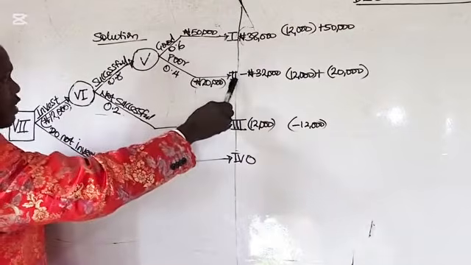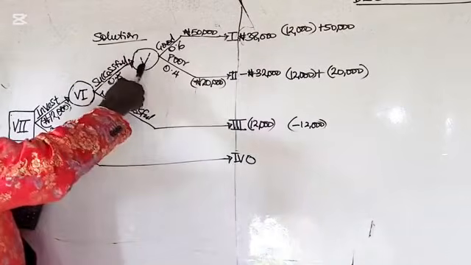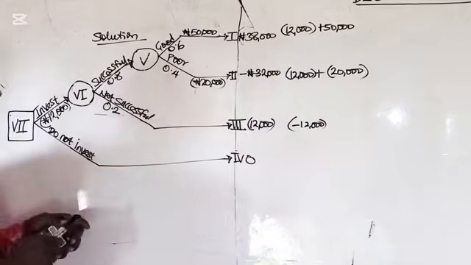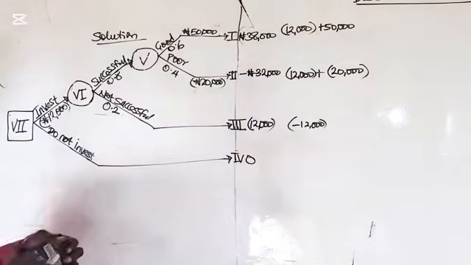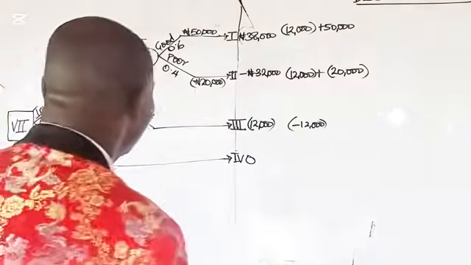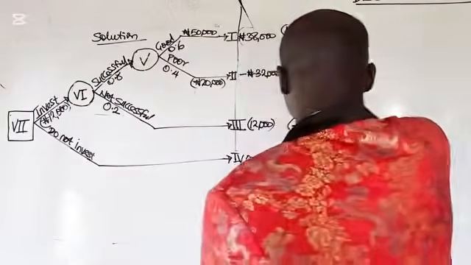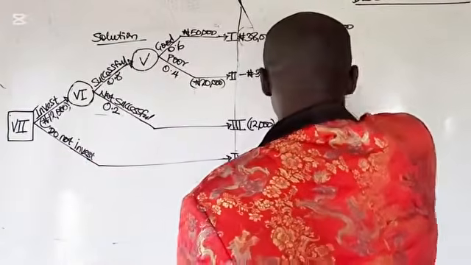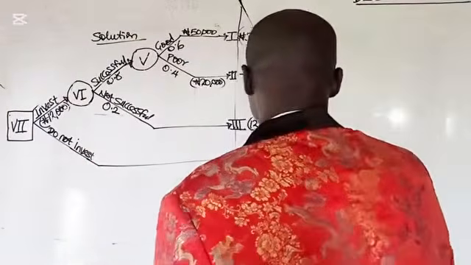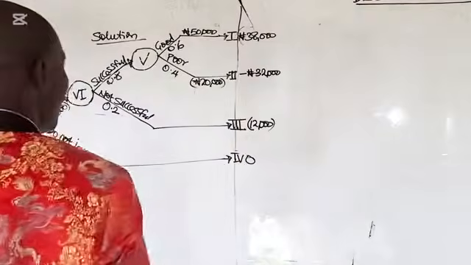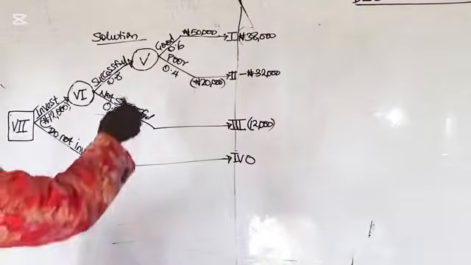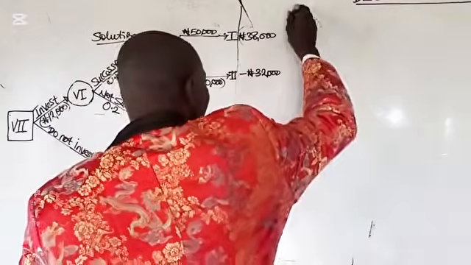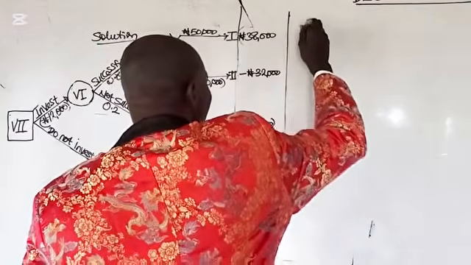Remember, point 5 is a chance node. To determine the value of a chance node, you should use the expected value, which is cash flows times probability. So chance node 5.